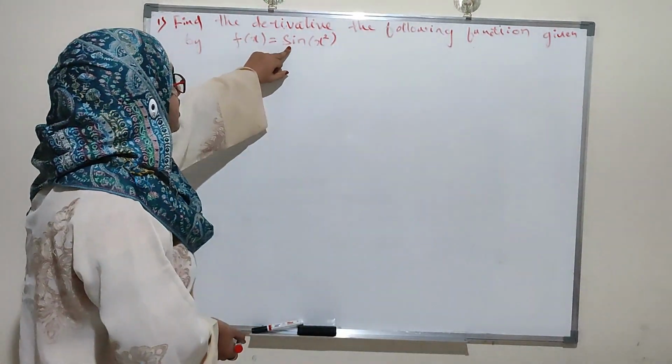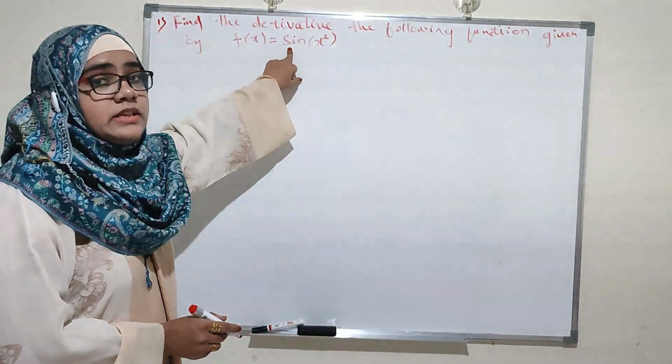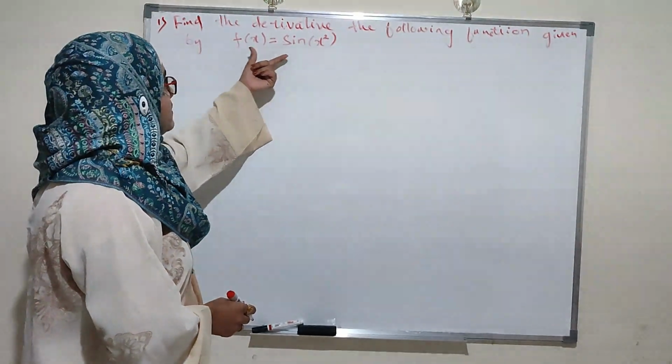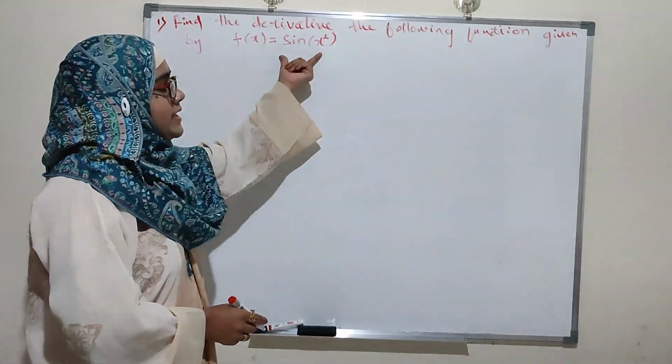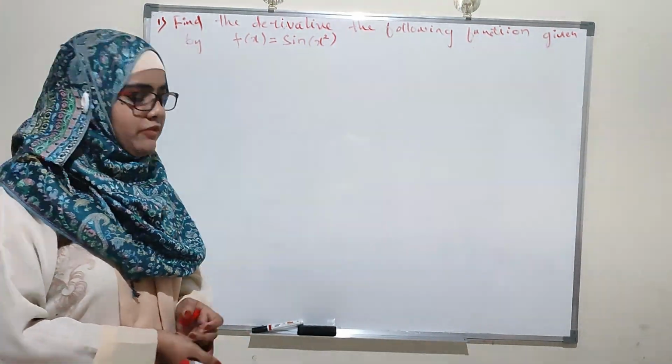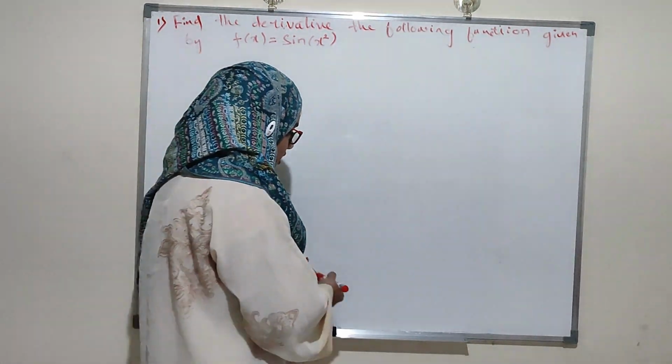That means we have one function, sine, which is a trigonometric function. Another one is x square, an algebraic function. So the given function f of x is the composite of two different functions. One is a trigonometric function, another one is an algebraic function. So how do we differentiate this?